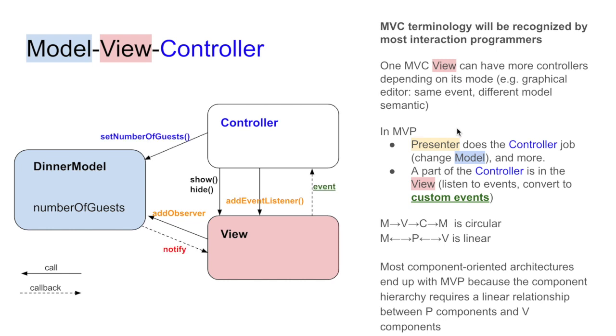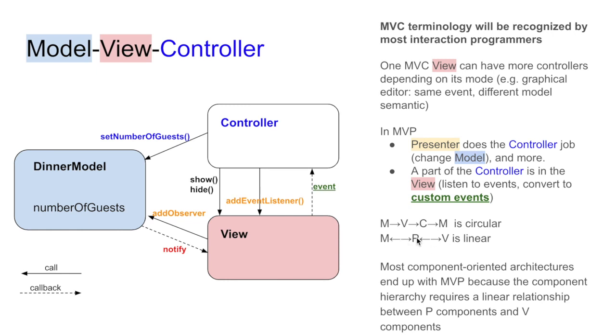Now, if we compare model view presenter to model view controller, the presenter does a bit of the controller job because it changes the model, but also some parts of the model view presenter view do a bit of the controller job because they listen to low-level events. Also, model view controller is circular, as you see here. The process goes in a circle, while model view presenter is linear.